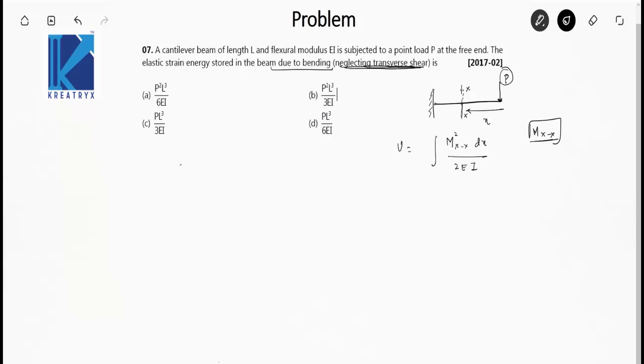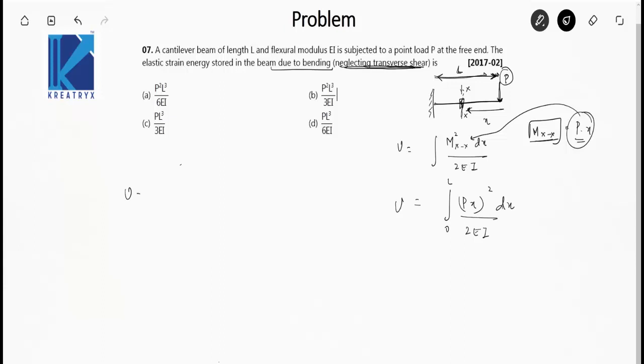The moment due to this load at the cross section is P into x, simple. So put this P into x here. So U is the integral of (Px) square dx, where dx is the small element that I have taken here, on 2EI, integrated from 0 to L because the length of the beam is L.